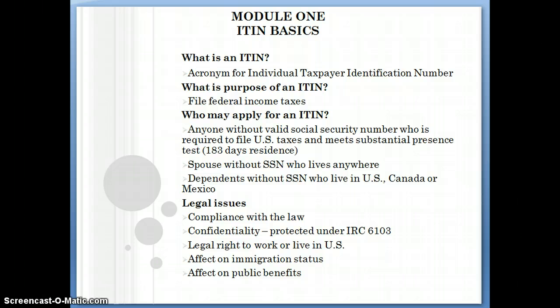In addition, the IRS says, and I quote, ITINs are issued to help individuals comply with U.S. tax laws and to provide a means to efficiently process and account for tax returns and payments for those not eligible for Social Security numbers. So if a person lives and works in the U.S., if they need to file taxes, and if they don't qualify for a Social Security number, you're helping them comply with the law.